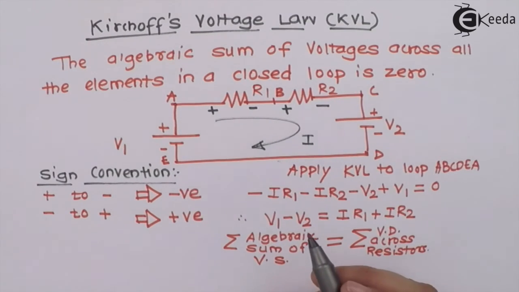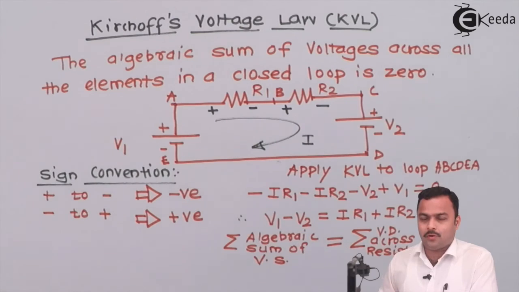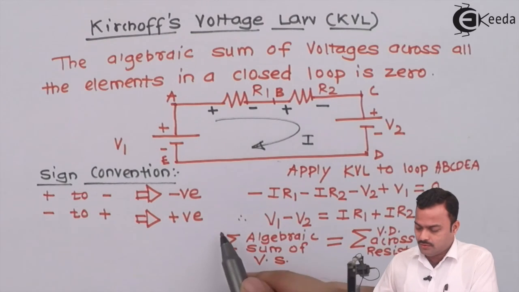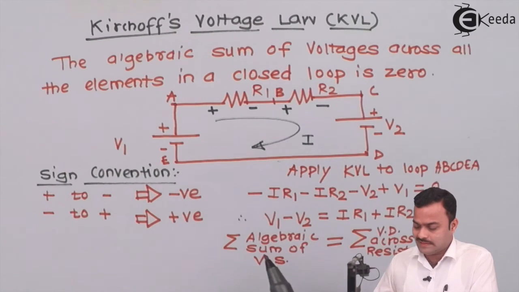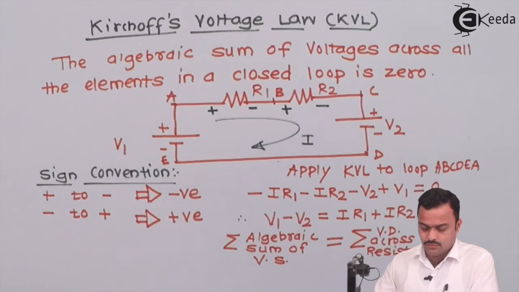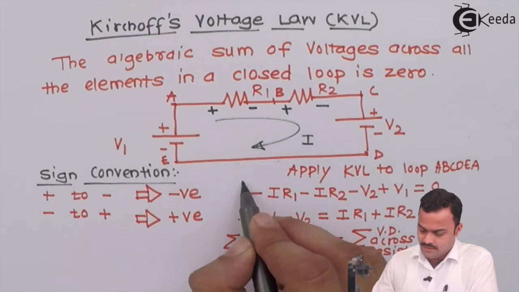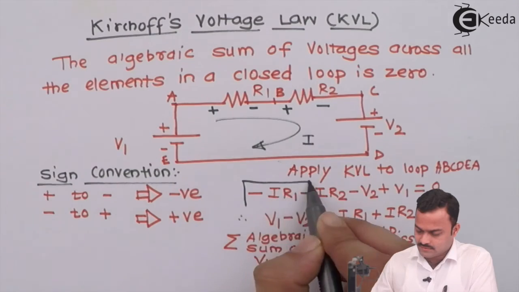But what we are going to do henceforth while solving a problem using KVL, we are not going to apply this, which is a bit difficult and sometimes confusing statement. Instead, we are going to apply KVL to whatever loop we have and will keep the equation as it is.